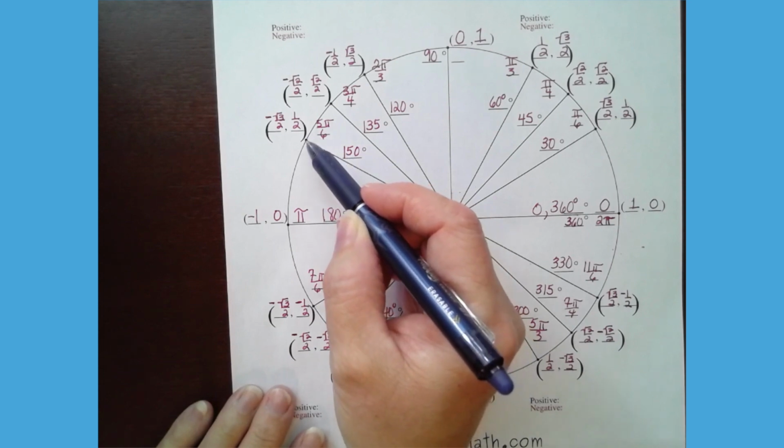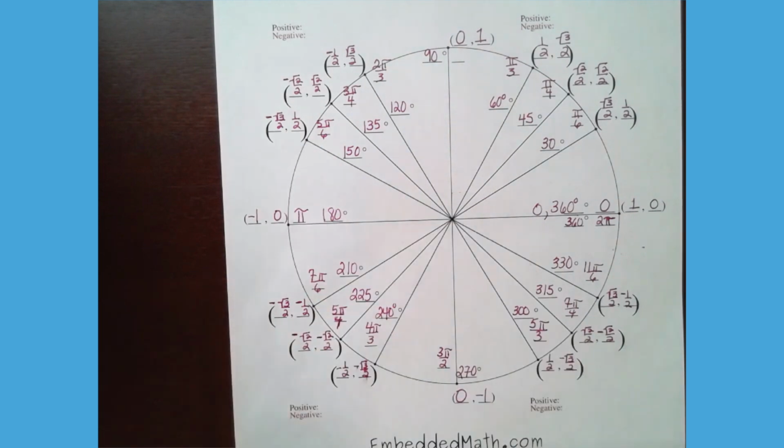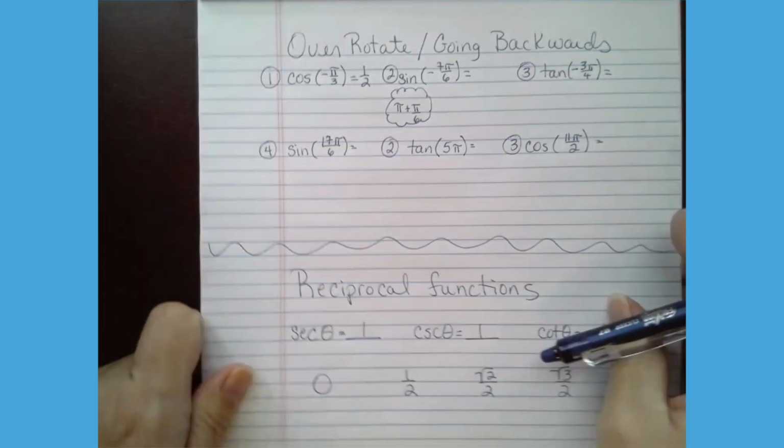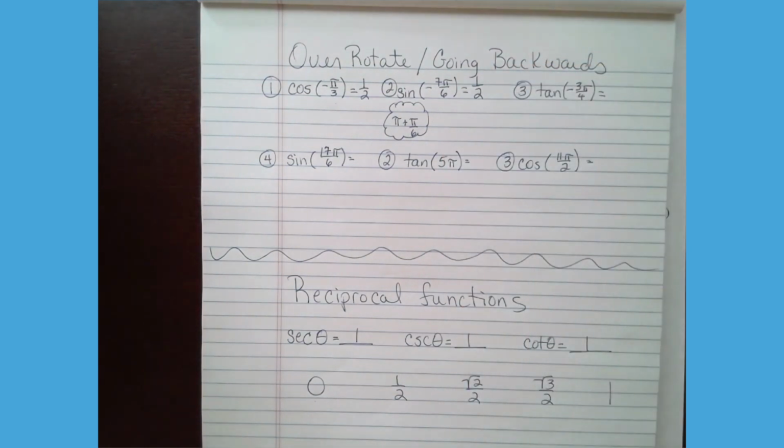I wonder if that happens every time. It said to find the sine of that, and the sine is a y value, so it's 1/2. And I didn't do that on purpose. The first answer was 1/2 too. That's really interesting. I wonder if I land on that every time. That sure would make it easier, wouldn't it?